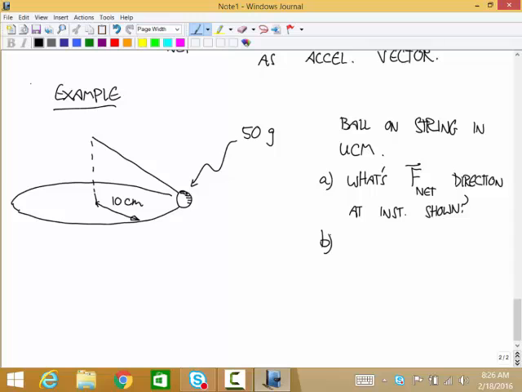And second, what are the components of the vector F net? And let's use the same coordinate system that I drew for number 7 in the homework. So there's x, y, z is coming out this way.